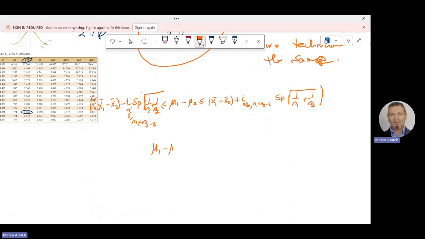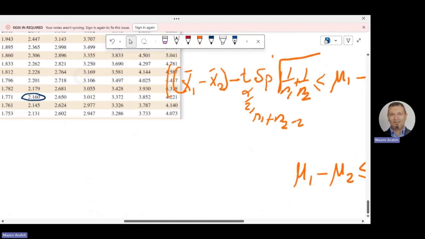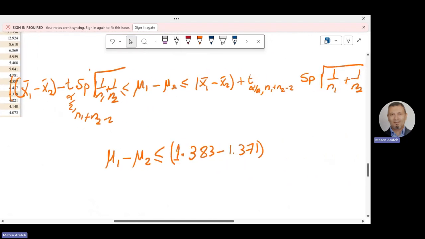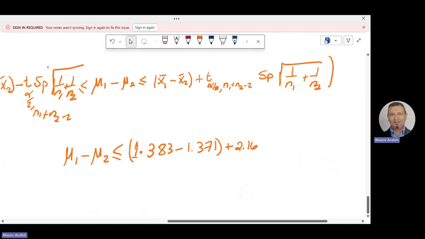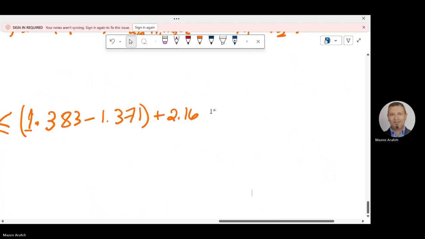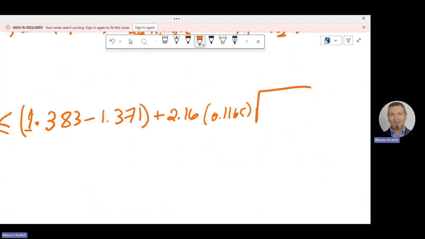This is mu1 minus mu2. x1 bar is 1.383 minus 1.371, plus t alpha over 2, again the same value we used for the critical values, 2.16, multiplied by sp, the pooled standard deviation, 0.1165, multiplied by the square root of 1 over n1, which is 7, plus 1 over n2, which is 8.